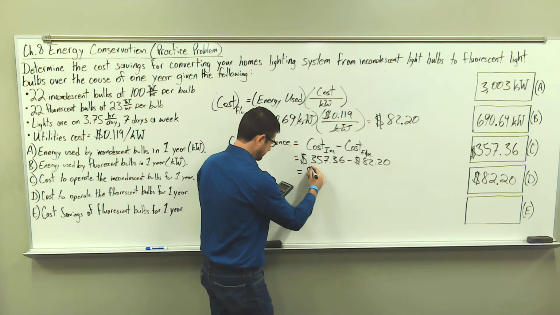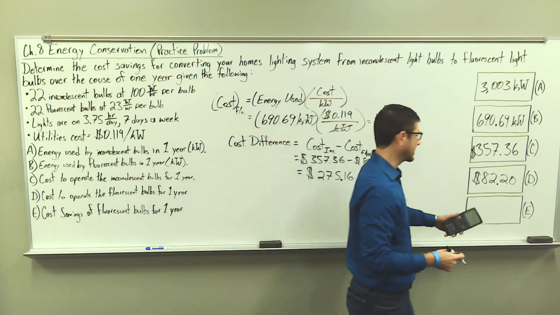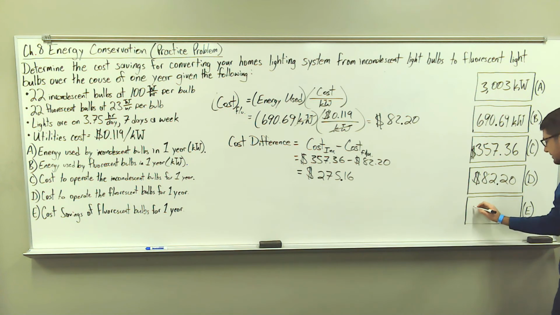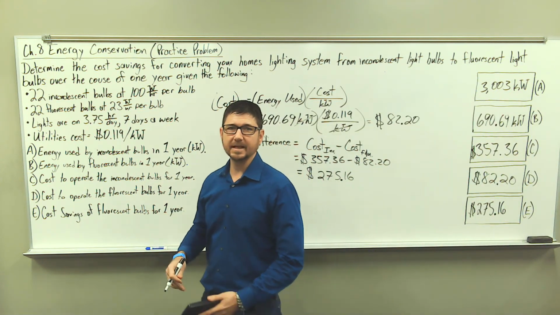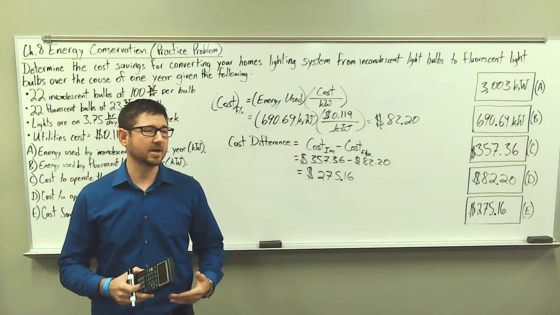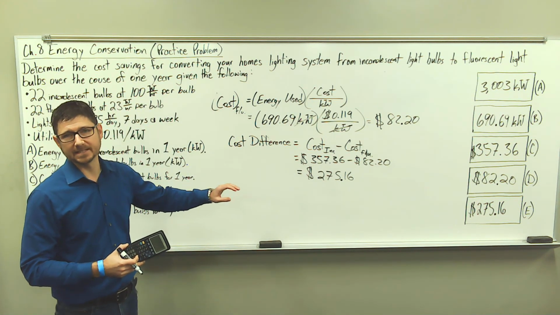And this gives me $275.16. So I'm going to go ahead and put that in the space provided here. And so what we have just calculated is the cost savings of using the fluorescent bulbs instead of the incandescent bulbs in 1 year.